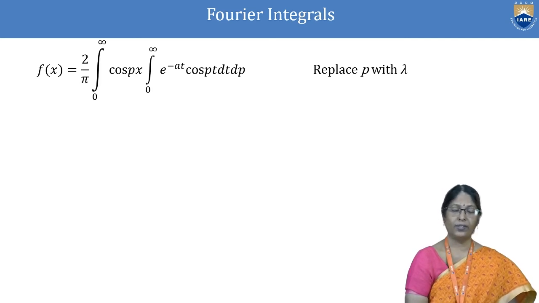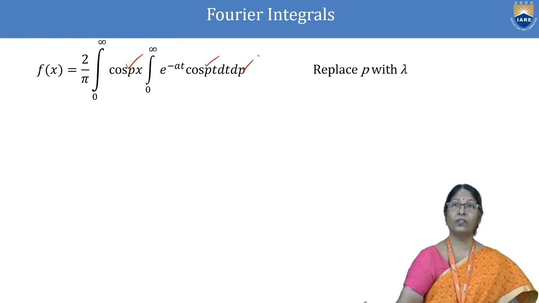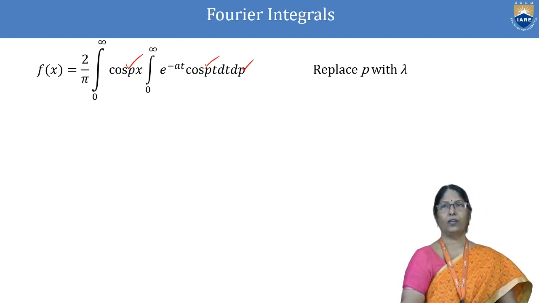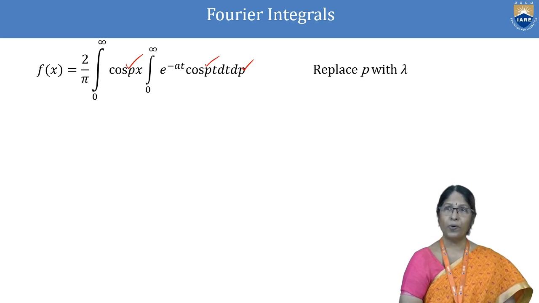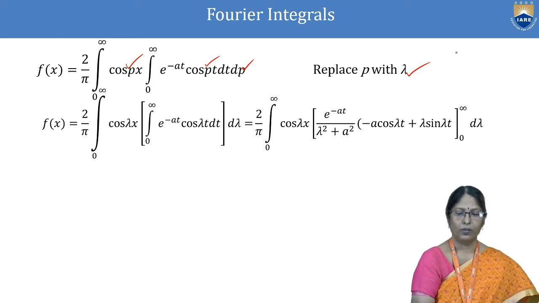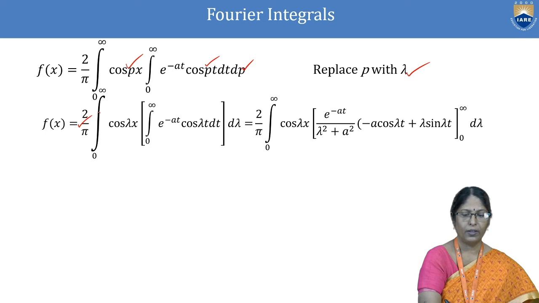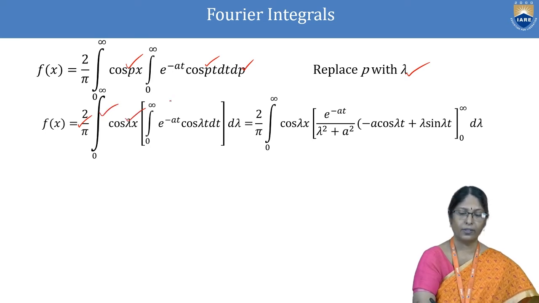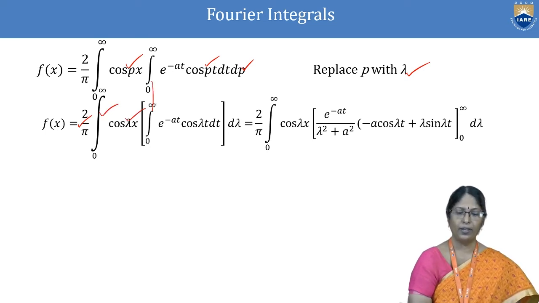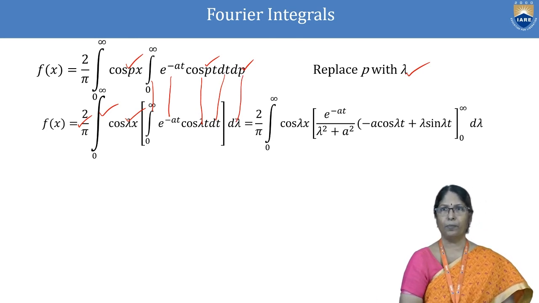So the three places where p occurs in the formula, we replace by lambda. Then 2 by pi, cos lambda x, 0 to infinity, e power minus at, cos lambda t dt, and the dp has changed into d lambda.